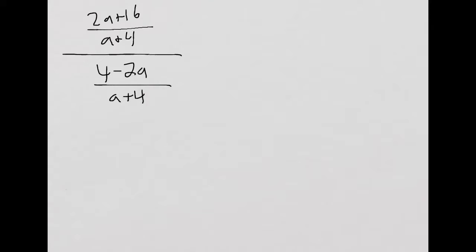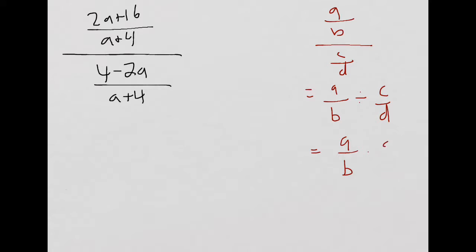The good thing about doing that is we're going to use this property. If we have a fraction divided by a fraction, what can we do in that case? We can rewrite it as a over b divided by c over d. But then we never divide by fractions. What do we do instead? We multiply by the reciprocal.